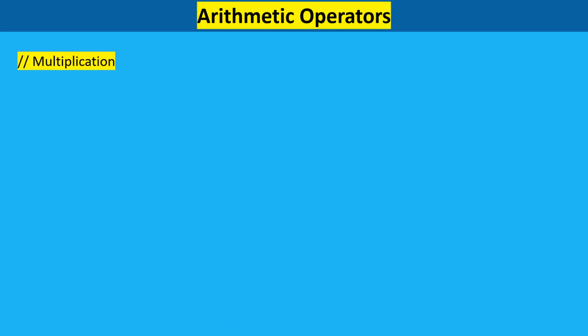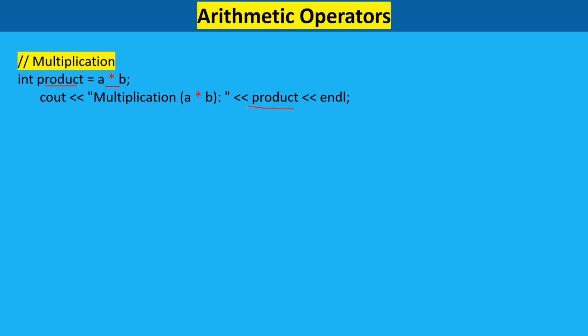Arithmetic multiplication. Perform multiplication, a multiplied by b. This result is stored in the variable product here, and then it prints the product label, multiplication a multiply b, followed by the value of product.